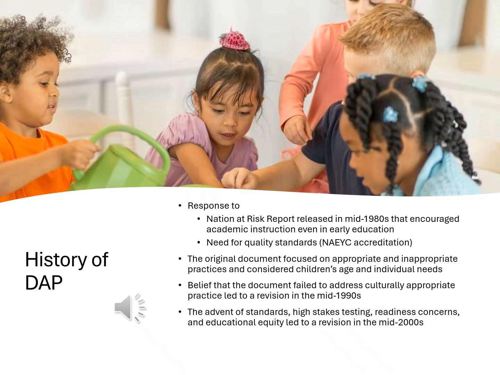So in the mid-1990s, some folks said, hey, this is great. It's great that we're outlining what good practices with young children are and what's potentially the best way to go about things, but the role of culture is really not in here at all. Right now you're really only talking about what children need in terms of age: what 2-year-olds need, what 3-year-olds need, what 6-year-olds need, and pairing that with what individual children might need.